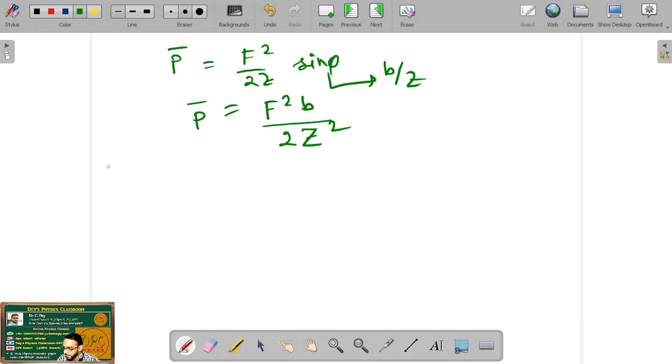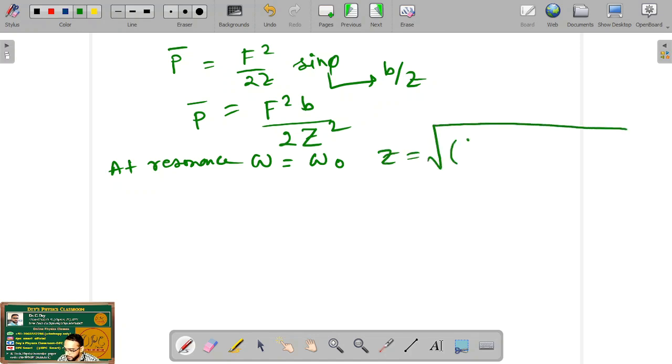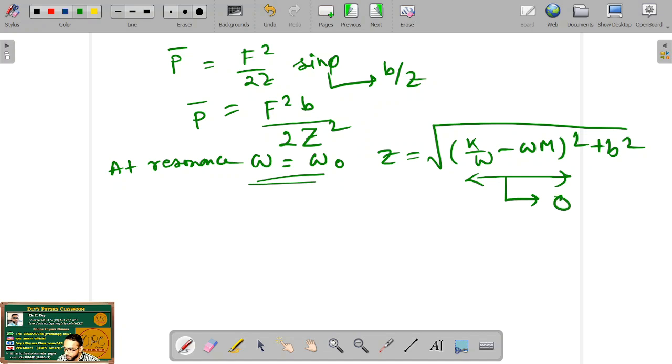Now, at resonance, omega equals omega naught, and Z, the mechanical impedance, is the square root of (k by omega minus omega m) whole square plus b square. So at resonance omega equals omega naught, that means this bracketed value becomes 0.